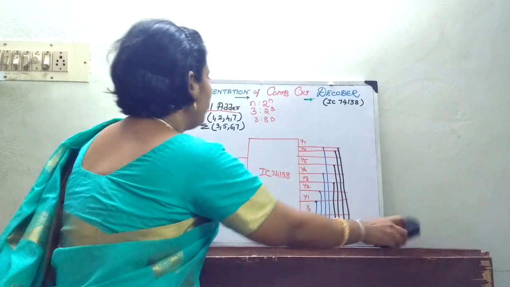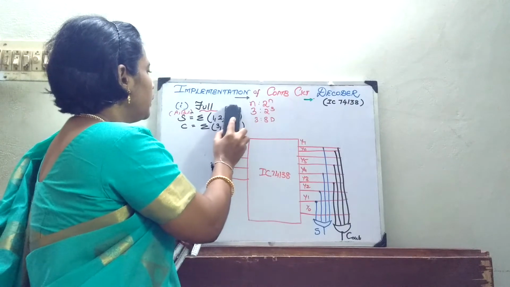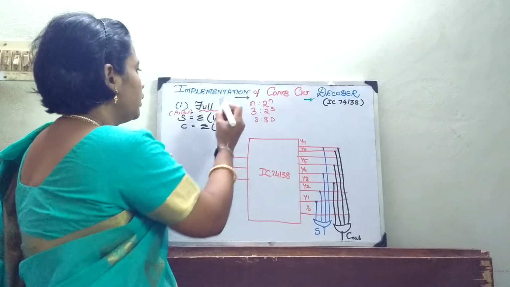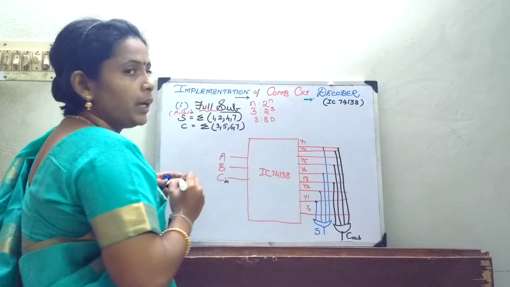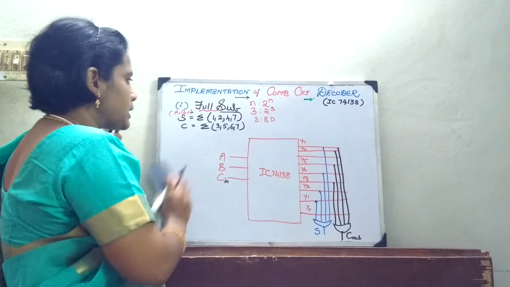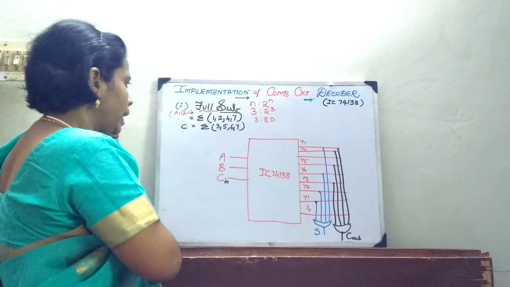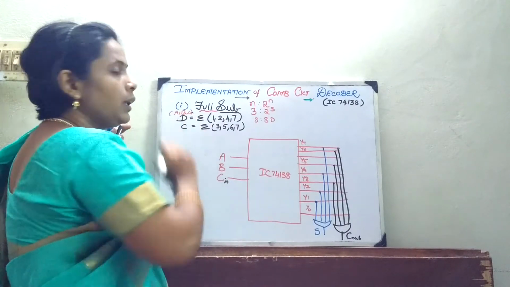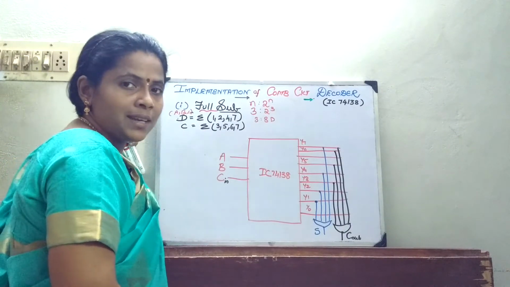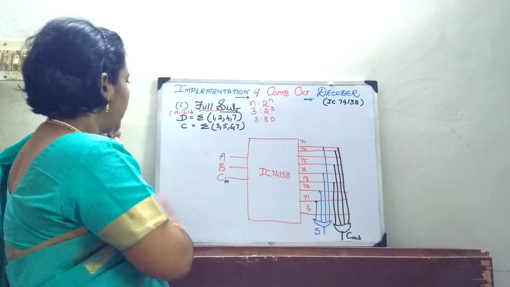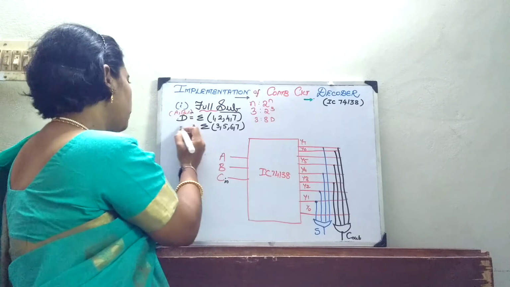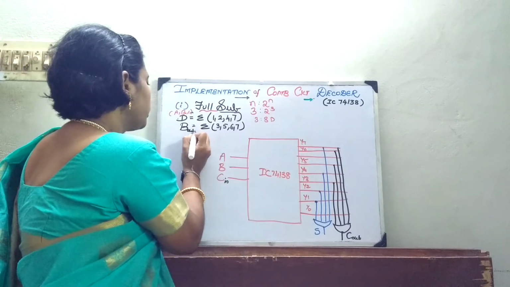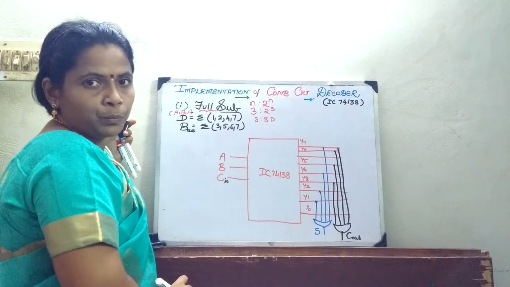In case of full subtractor, the structure is going to remain the same as the full adder. The variable sum is going to be changed to difference, and instead of carry out, it is going to be borrow out.